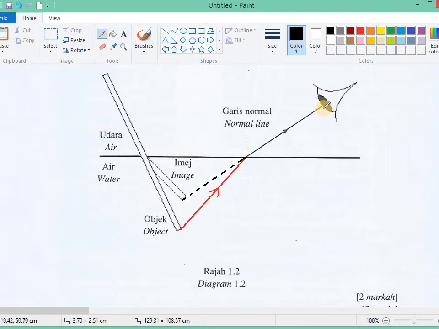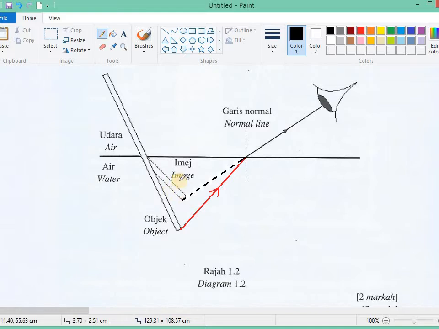From the point of view of the eye, it looks like the light comes from this direction. So if the light looks like it comes from here, you will see the image here.